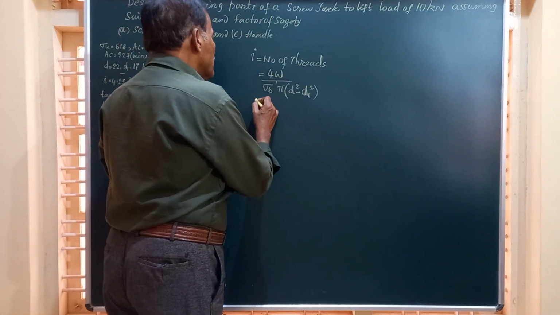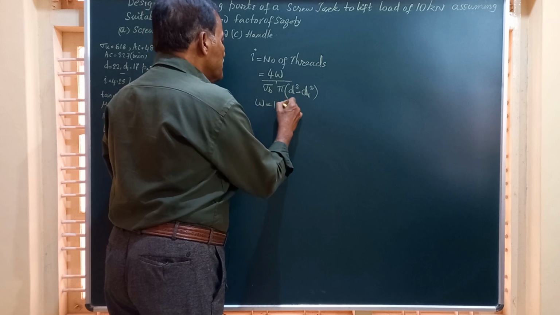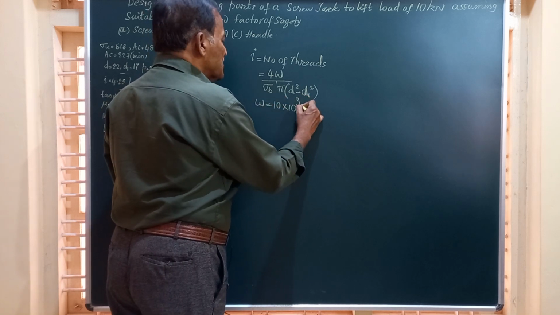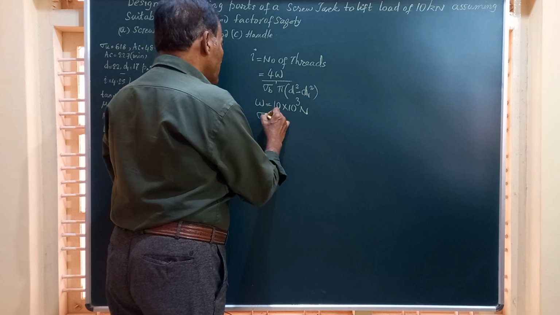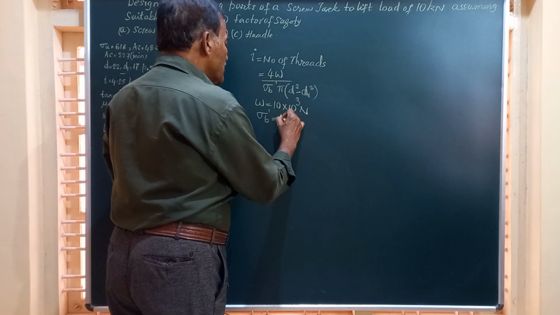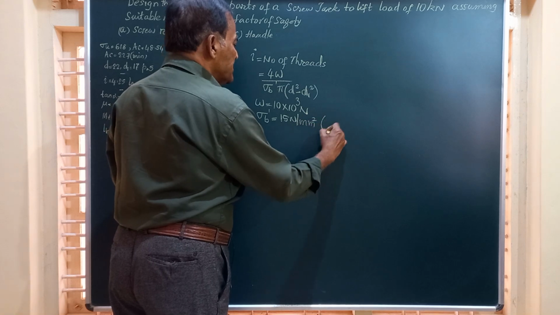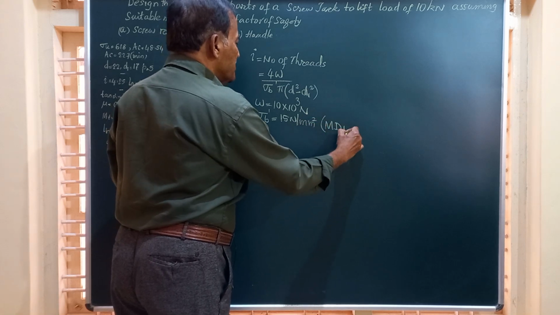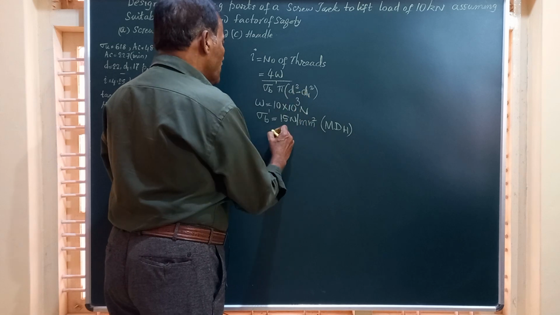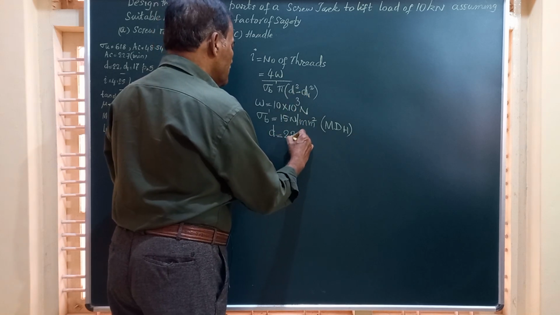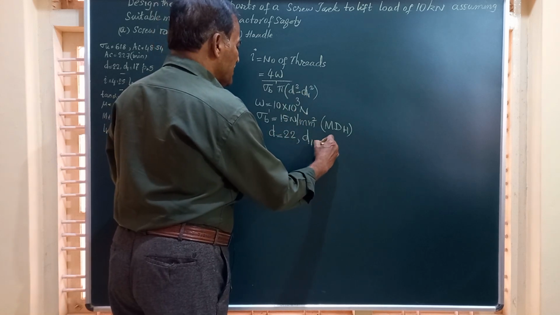So here I'll write down W is 10 into 10 to the power of 3 Newton. The load is given. Sigma b dash is equal to 15 Newton per mm square obtained from the machine design handbook, MDH. D is 22 mm, d1 is 17 mm.